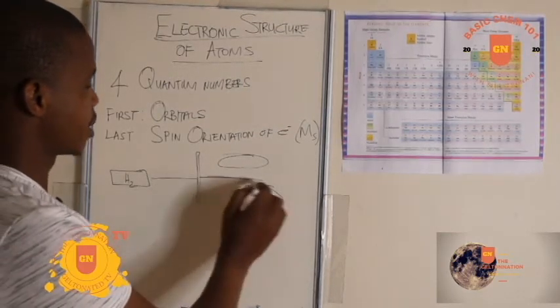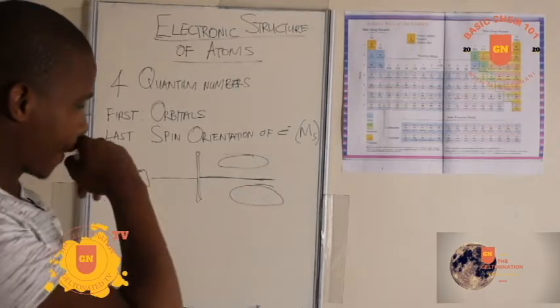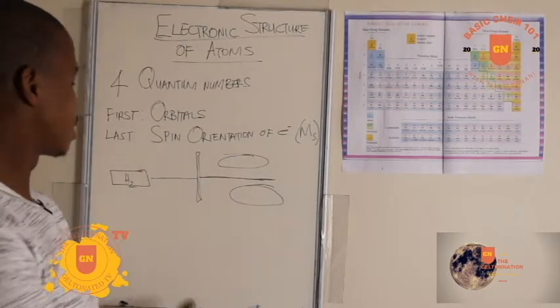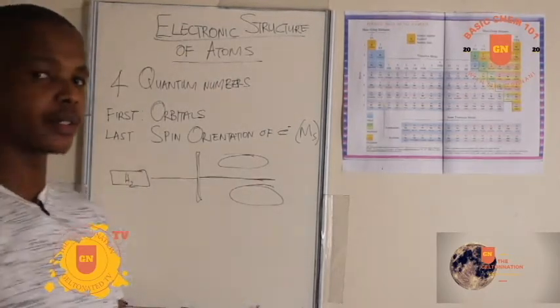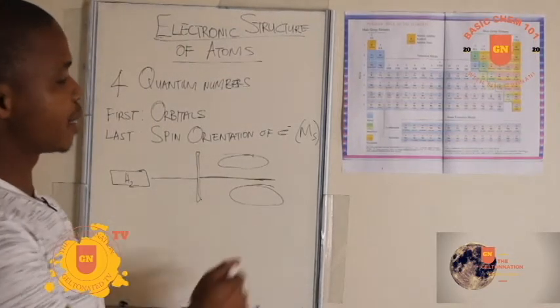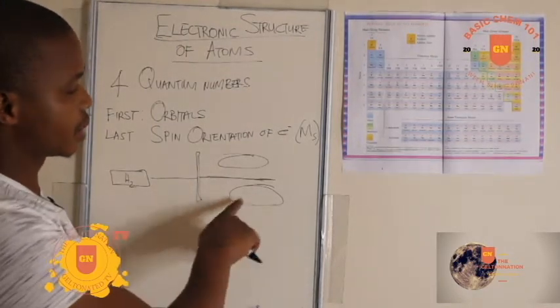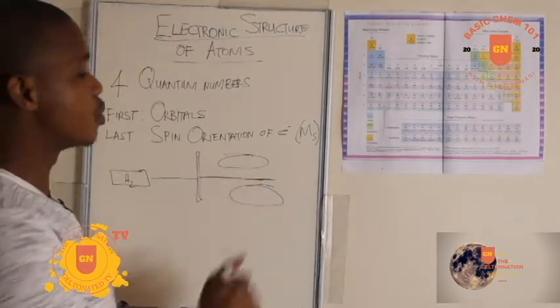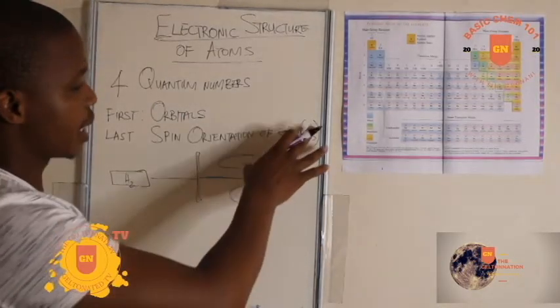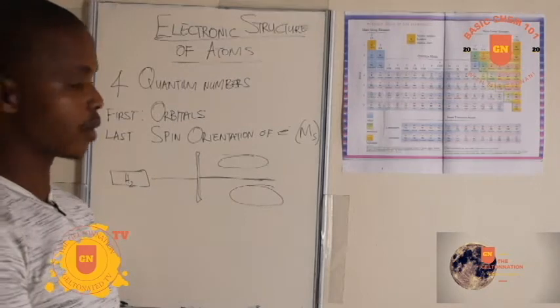Hydrogen has only 1 electron in each atom, but what was expected is that the electrons would go in one direction, either up or down.